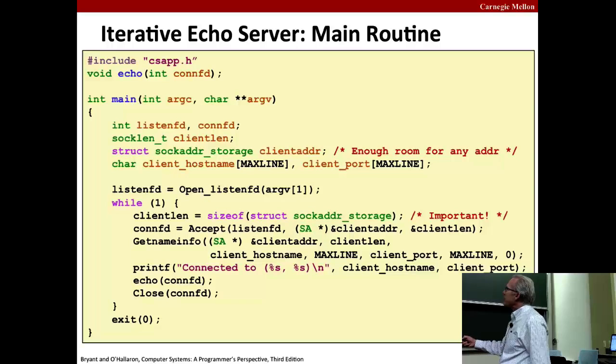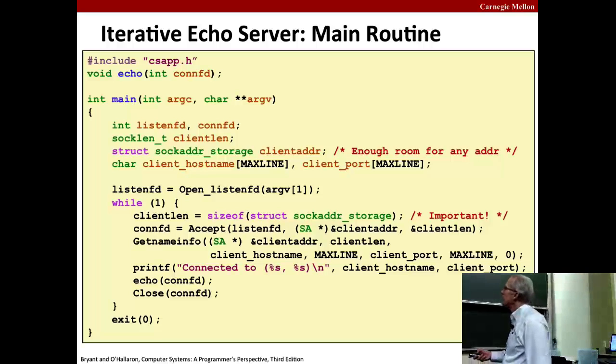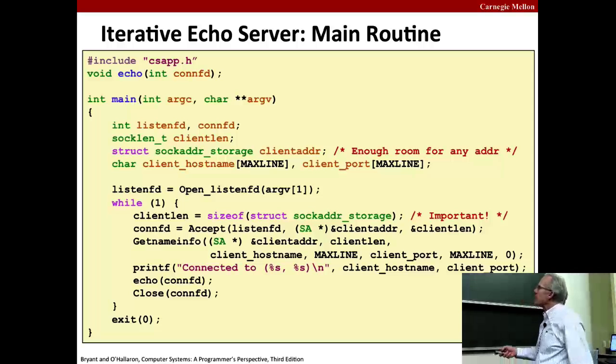And then what accept fills in here into this information, it's a sockaddr struct, is information about the client, the IP address of the client. And I'll use this call called getnameinfo, which is, again, one of these kitchen sink features, that I'll pass in this client address.